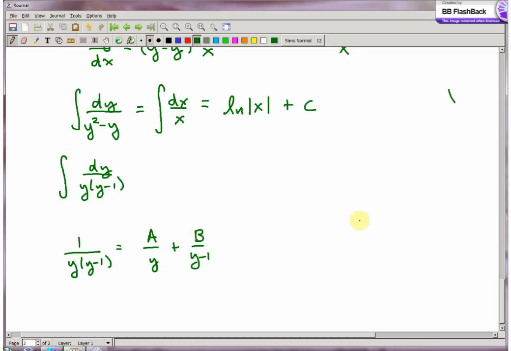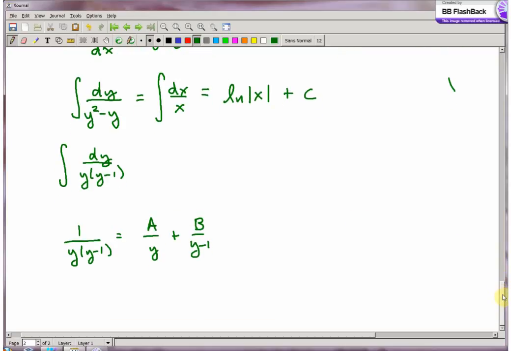So what are a and b? Clear the denominators by multiplying by y times y minus 1, and you get 1 is equal to, now the y hits this y and dies, and you get a times y minus 1, and the y minus 1 hits this y minus 1 and dies, and you get plus b times y. Now we have this equation that's going to let us solve for a and b.